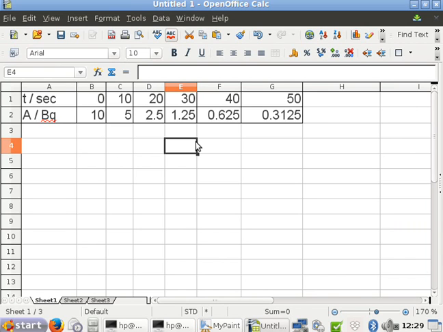So after I found the gradient and intercepts, you get the K now, and then get the half-life from the K. Once the graph is drawn, K is minus the gradient. Find the intersection, find the slope, find the K, and find the half-life.